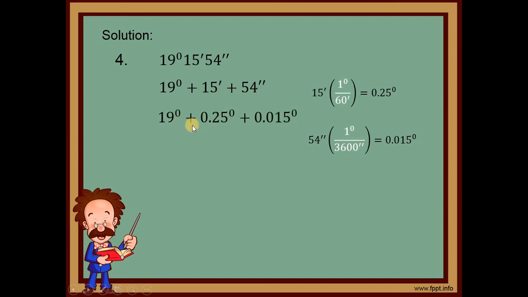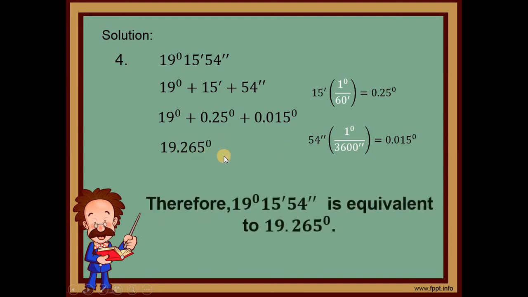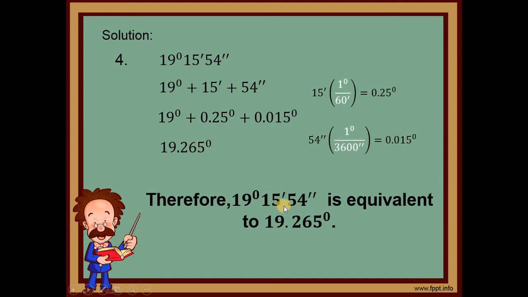We have 19 degrees plus 0.25 degrees plus 0.015 degrees. Add natin lahat. Makakuha natin ay 19.265 degrees. Therefore, 19 degrees, 15 minutes, 54 seconds is equivalent to 19.265 degrees. And we're done.